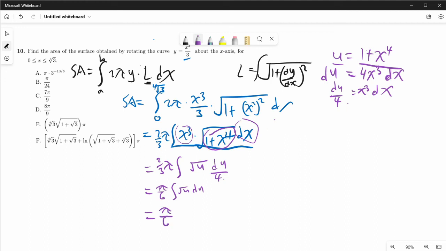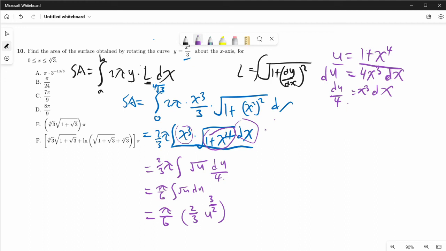Now this is pretty simple, just chain rule. Keeping the constants outside, we can just integrate that. So that would be u to the 3 over 2. And then remember to chain rule. I'm not going to worry about the bounds of integration for now, since I'm going to plug x back in for u.